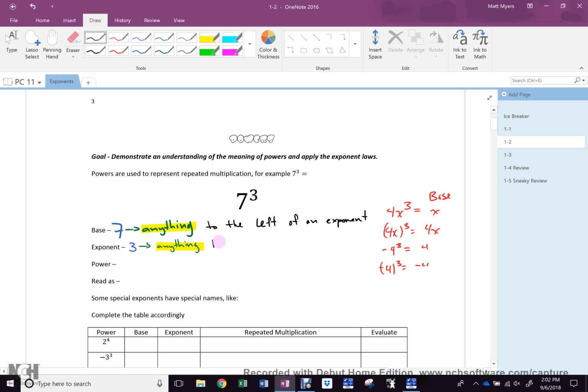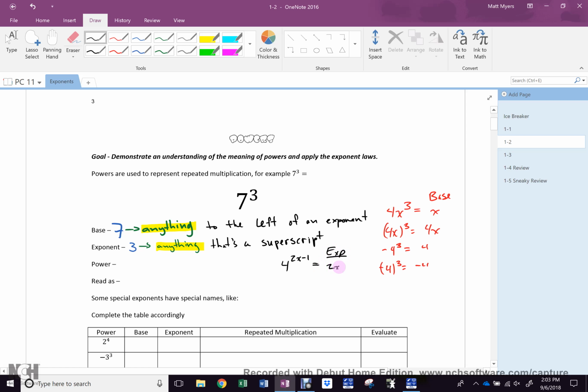Now there's one word that describes up top and to the right: anything that's a superscript, which means it's up and to the right. That's what that word means. So what is the exponent to x minus 1? What's the exponent there? 2x. Nope. 2x minus 1, the whole thing.